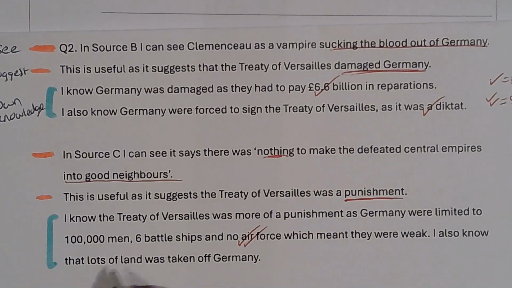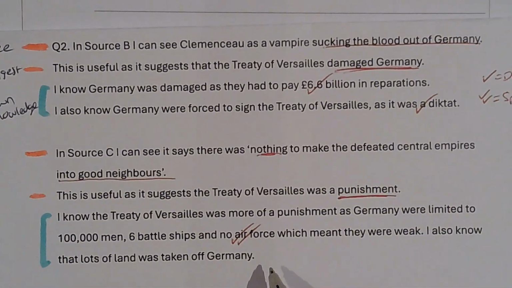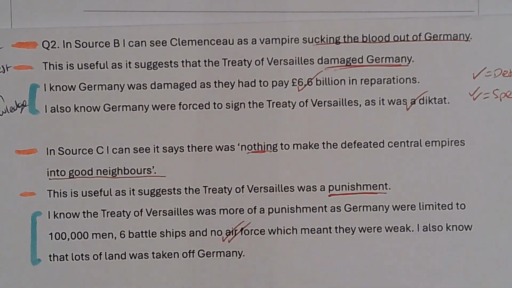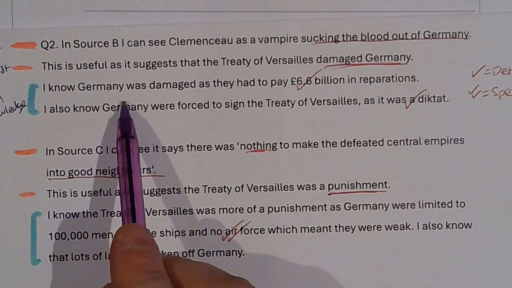I also know that lots of land was taken off Germany. Now, that is more than achievable for all of you. Having said that, this will get you 4, 5 or 6 marks depending on the examiner, but we need to make sure and see how we can improve this. And the improvements, we can make quite a few.